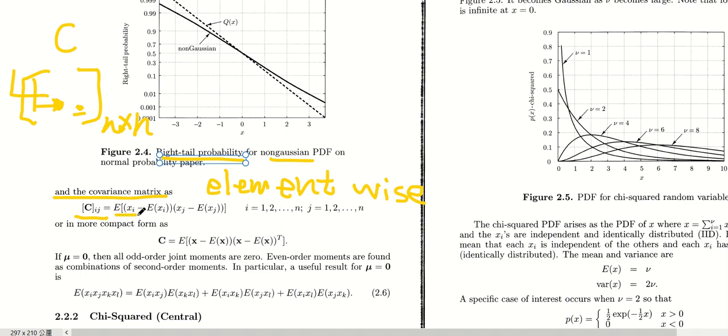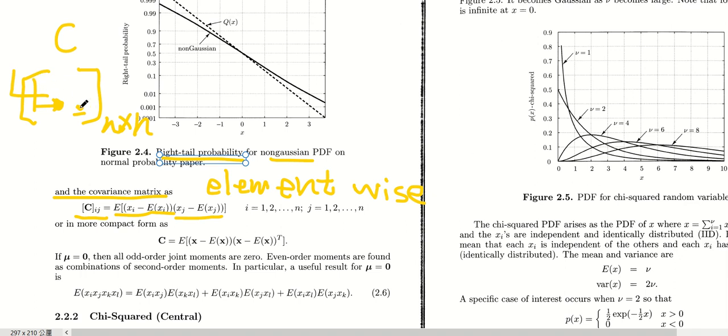And it's taking the expectation of xi minus expect of xi, times xj minus expect of xj. This is a typical definition for variance. Recall when we were doing a random variable in a scalar version, this is the typical definition for variance, except it is defined by xi and xj because it's ij. It's no longer the diagonal.